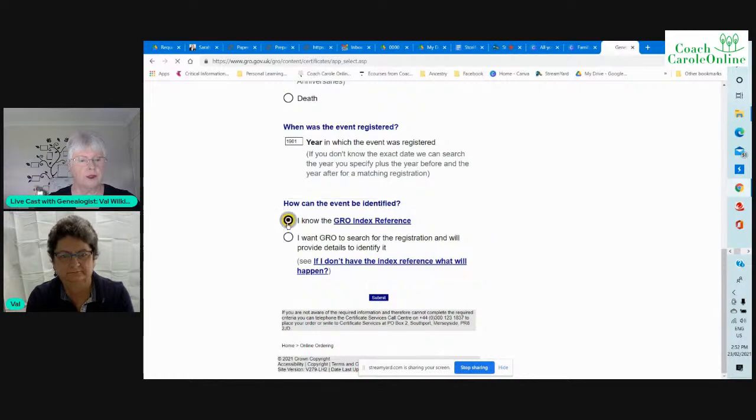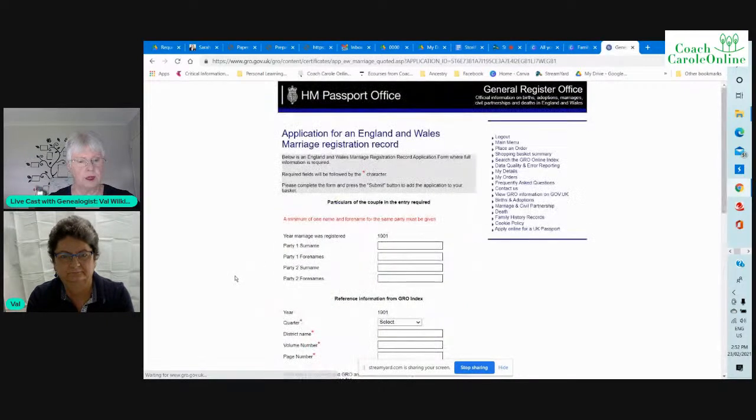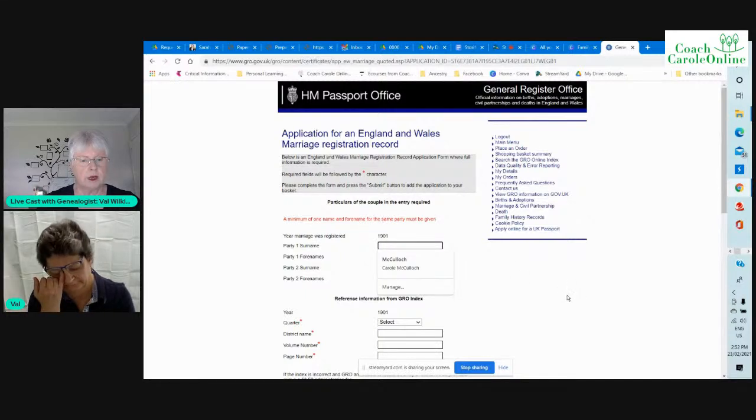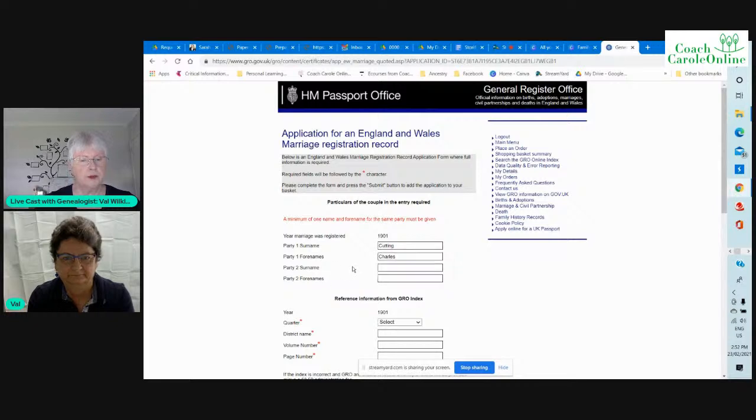And I do know the GRO index reference, that group of numbers that I gave you before. So what we need to put in place now is the name of the person. So this is my grandfather. Party 2 is Robinson, and her name was Mary. And we know it was 1901.